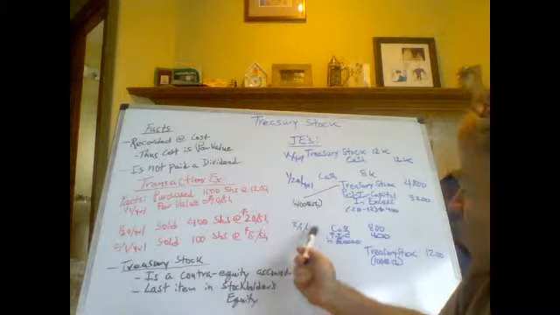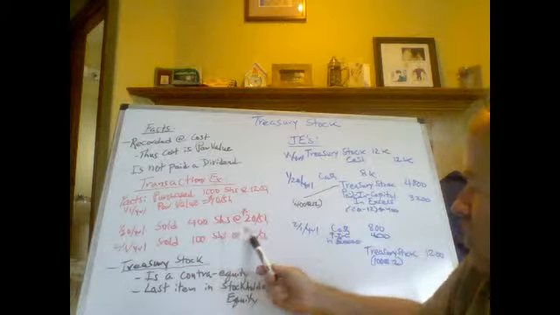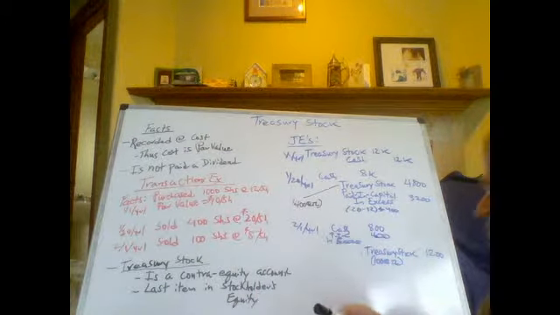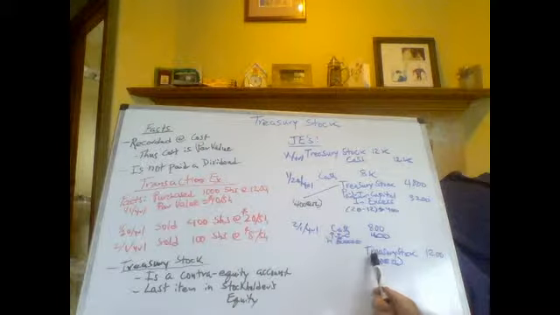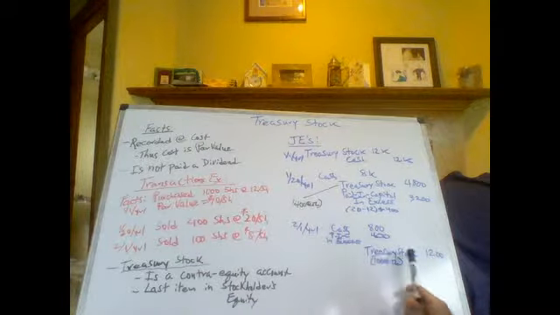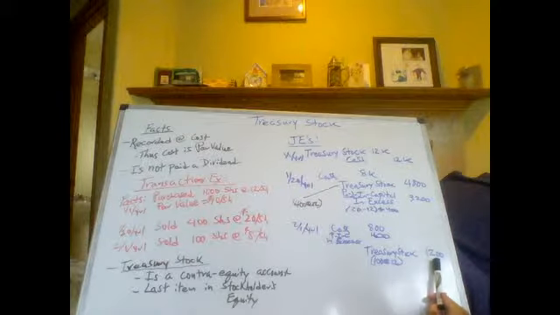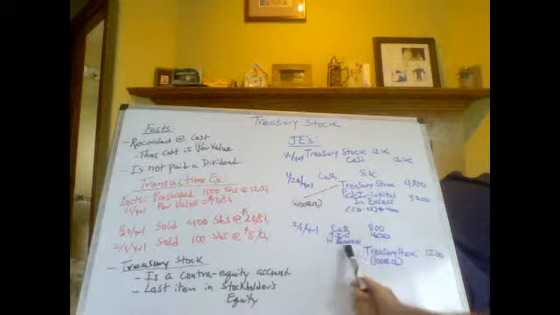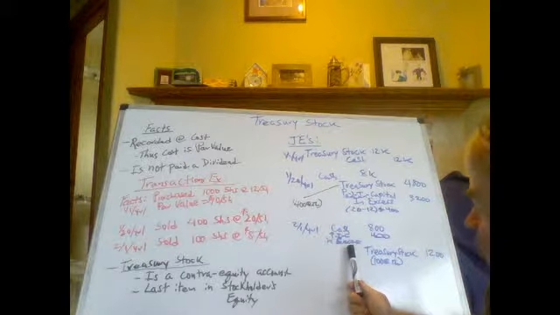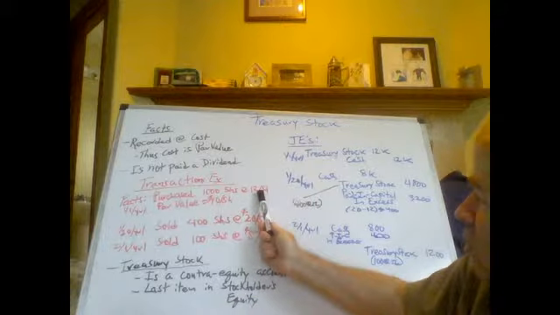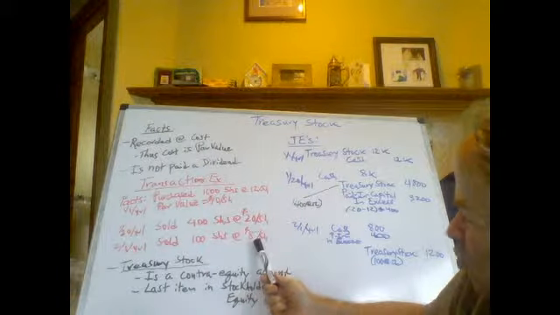On 2-1, we sold 100 shares at 8. So we got cash of 100 times 8, or $800. The Treasury stock we do second. So that was 100 shares at a cost of 12, or $1,200. The paid-in capital in excess now is debited because we did not get an excess. The cost was 12. We sold it for 8.